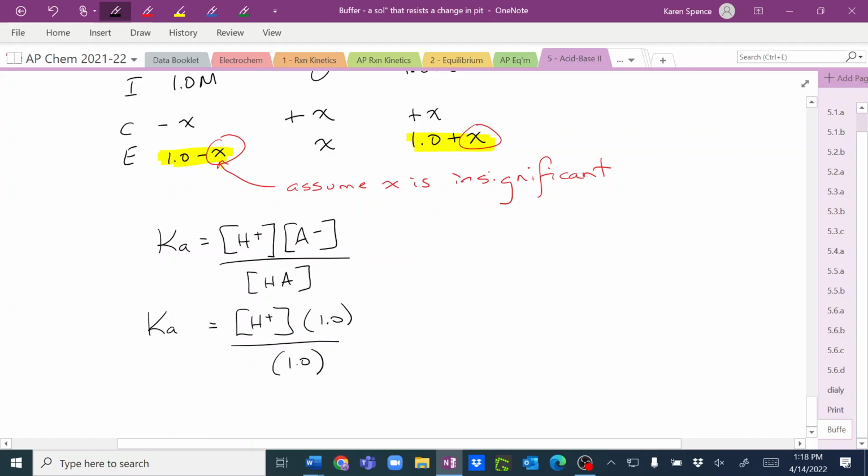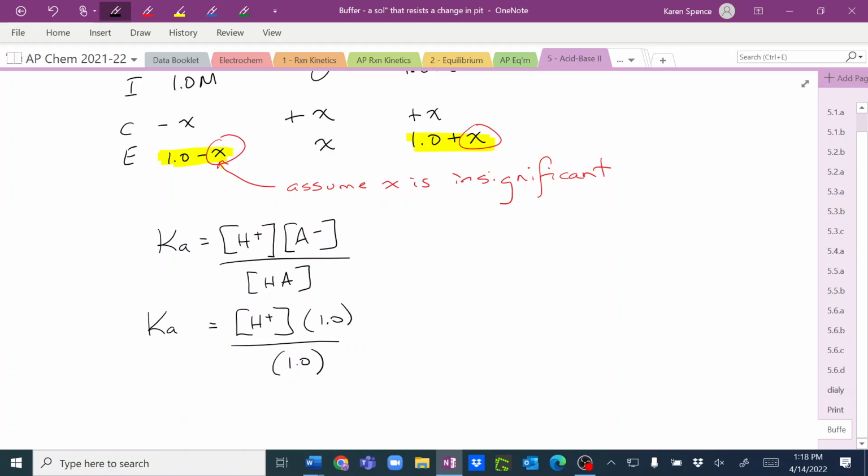Now, you might end up with numbers where these are a little bit different from each other, and then it's not going to be Ka is equal to just H plus, right? But you'll still end up with something that's close to H plus is equal to Ka.